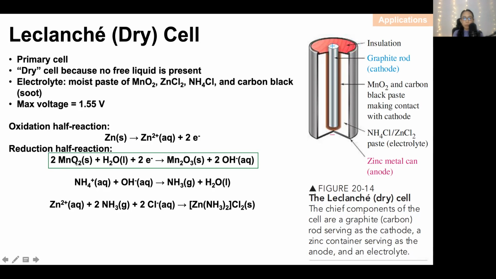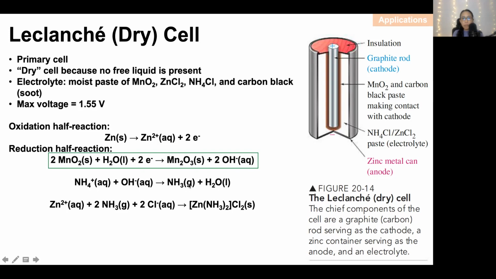So this one produces a basic solution. However, because of the presence of the ammonium ion, the ammonium ions can actually react with the hydroxide ions produced by the reduction half reaction, and this creates ammonia gas.